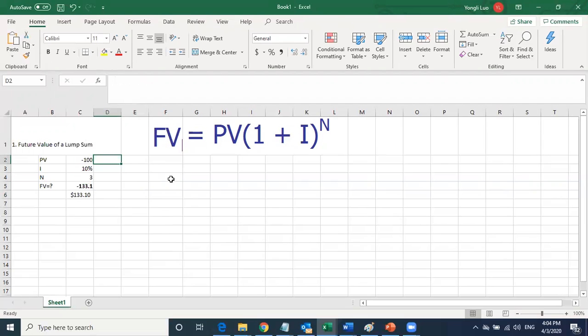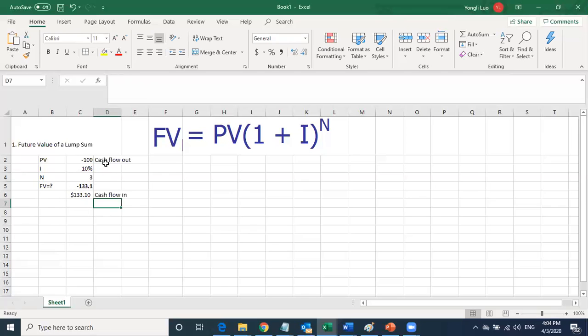The reason is that this is a cash flow out, and this is a cash flow in. Basically, you invest $100. That $100 goes out of your pocket, and then you receive $133 at the end of the third year. That's the money you receive, because it goes in a different direction.